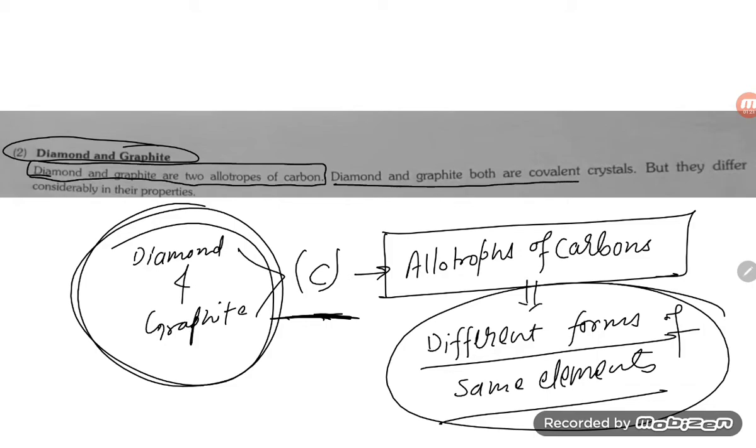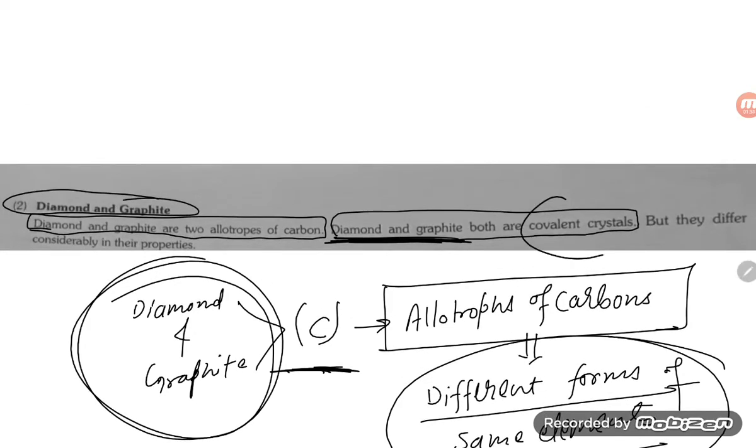Diamond and graphite both are covalent crystals. What do you mean by covalent crystal? In diamond, the bond between carbon atoms is the covalent bond.